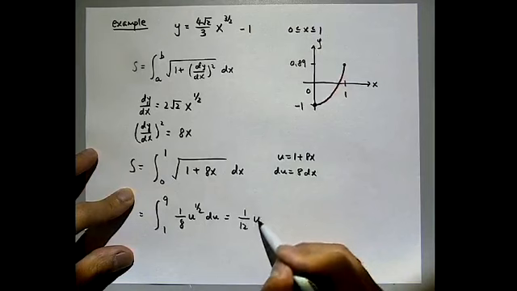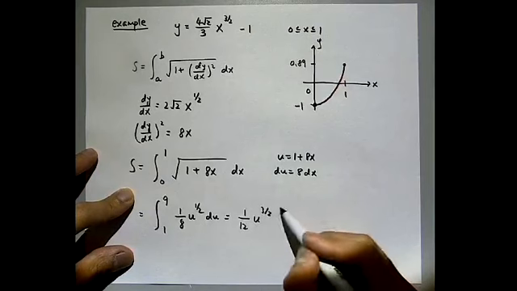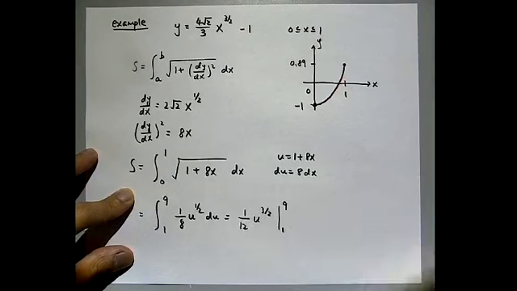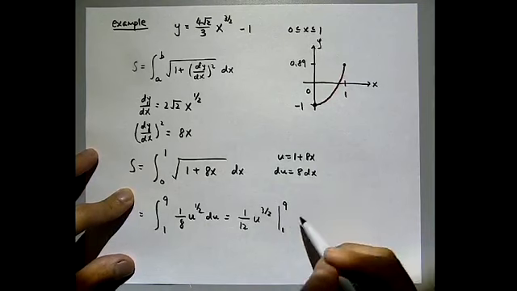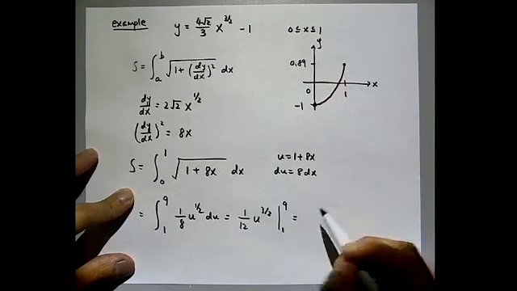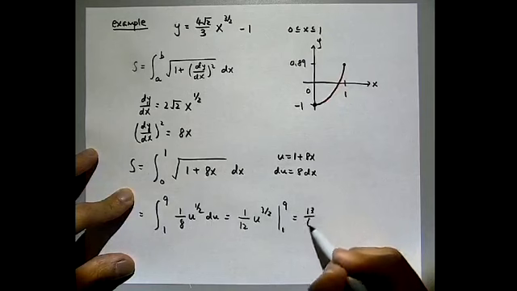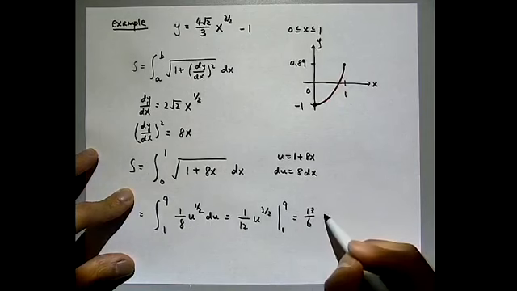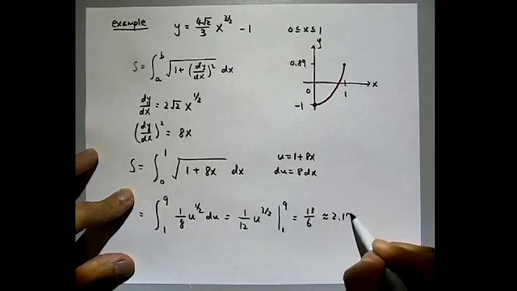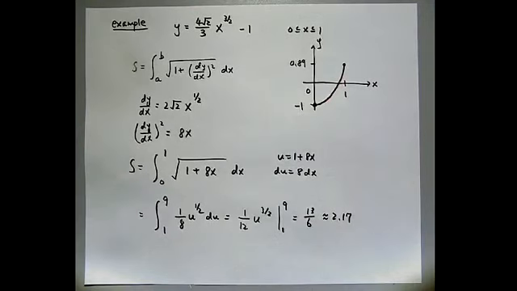So in the end, we get this thing. This is a pretty straightforward part here. And you end up getting 13/6. Trust me on that. Which is about 2.17.